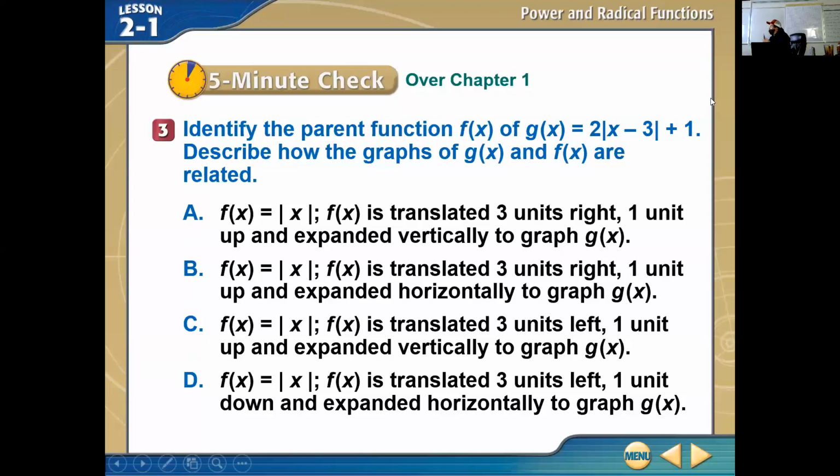And the outside is your vertical translation of plus 1, so that's going to move it 1 unit up. So we're looking for one that says translated to the right, shifted 1 unit up, and expanded vertically. That should be letter A. And that just comes from your transformations of polynomial functions.